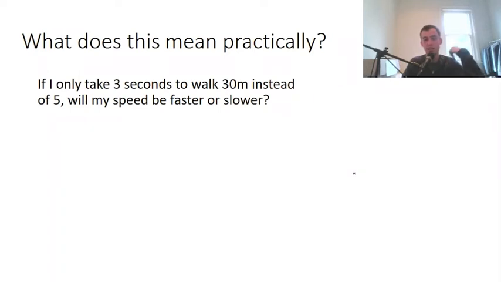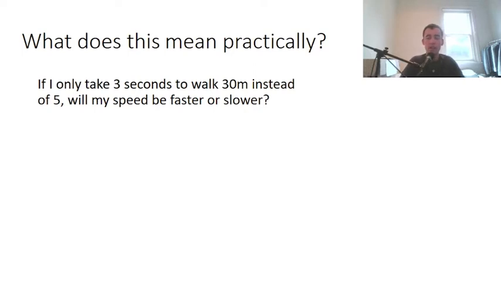If I take 17 seconds to run 100 meters, which I personally do, I'm not a fast runner, then I'm going a lot slower than the person who won the medal. So if I take less time, that means I'm going faster. The world champion takes less time and goes faster.